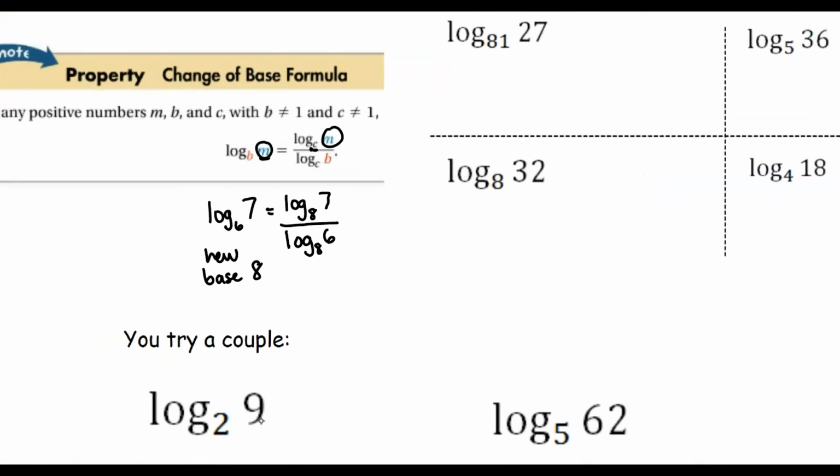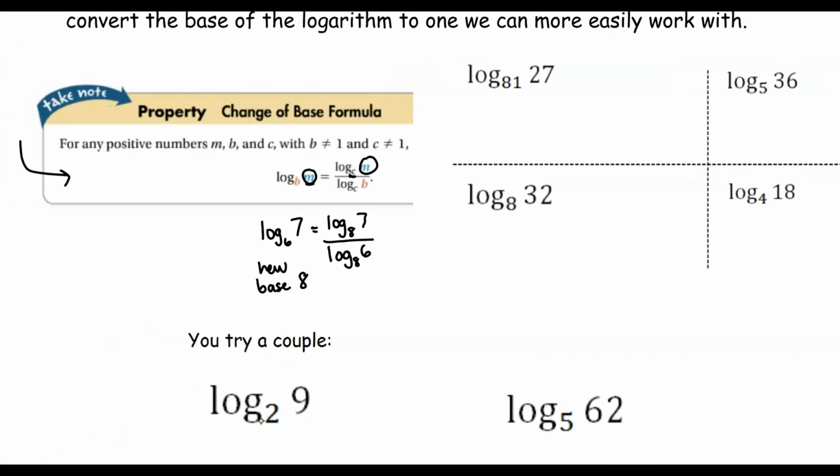So again, you can use it to go from any base to a different base. We most commonly find ourselves going to convert from any log base to a common log or a natural log. That's usually the conversion that you see occur.